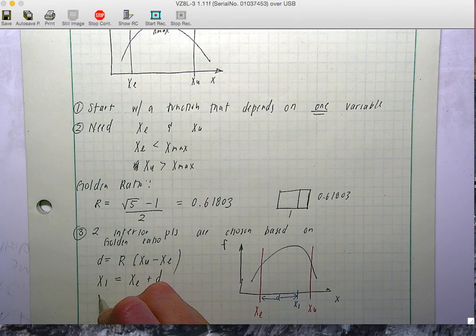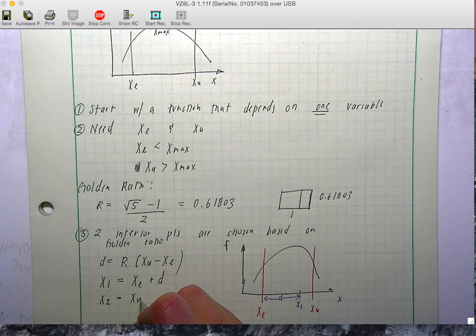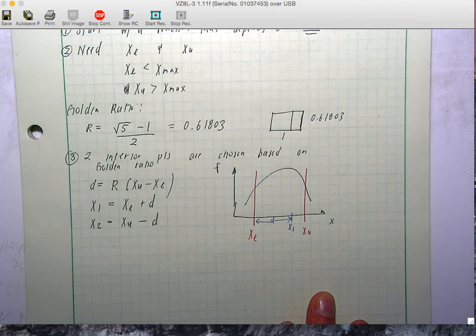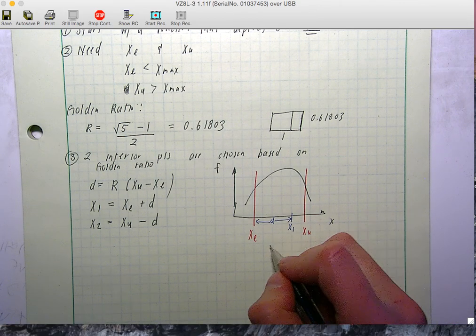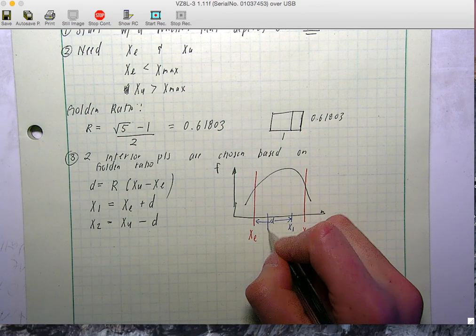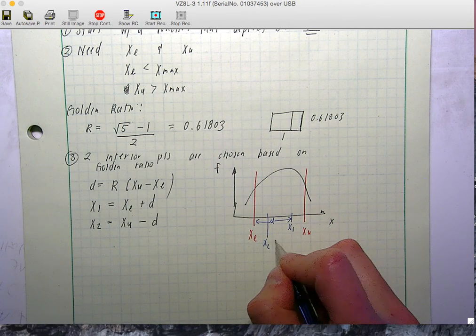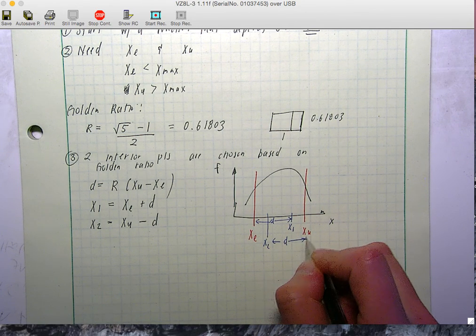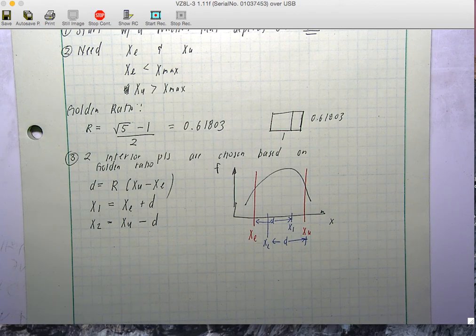And then your other point, X2, will be calculated from the upper point, the upper bracketing point, and subtracting off D in the other direction. So it would be maybe around here, and that's D from XU. And you could choose any distance there.